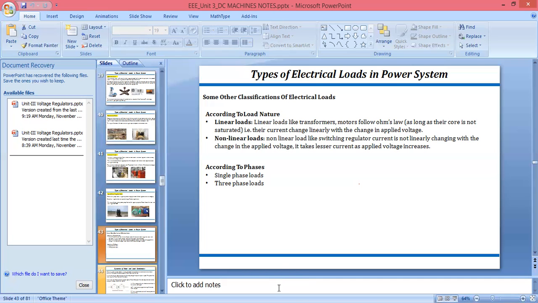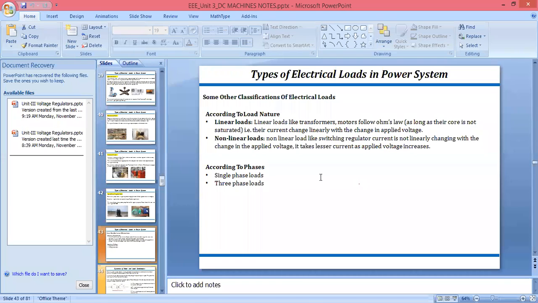Then we have to see the non-linear load. Non-linear load means the value of current is not linear with the applied voltage. If we are increasing the applied voltage, the current will not follow; it will sometimes decrease, sometimes increase. The current value will be non-linear with the value of applied voltage.